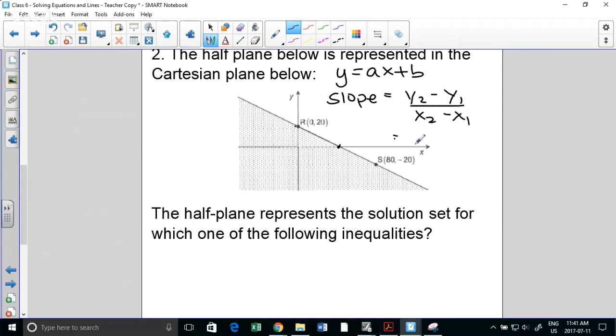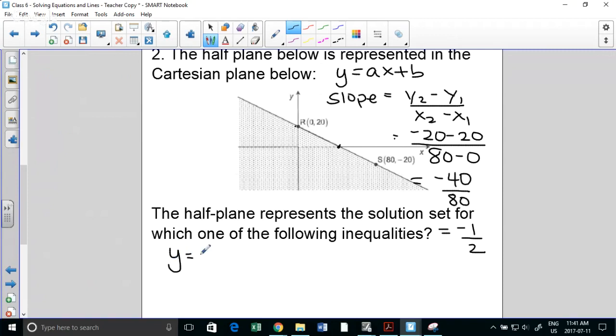That gives me negative 20 minus 20 over 80 minus 0, so negative 40 over 80, which is negative 1/2. So my rule is negative 1/2 x, this is b, so plus 20.